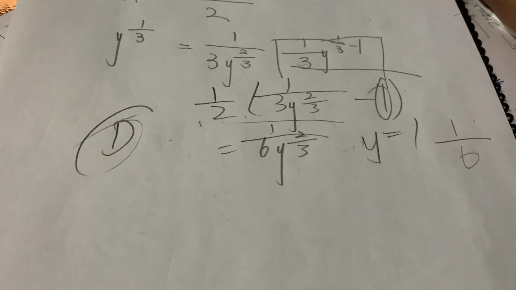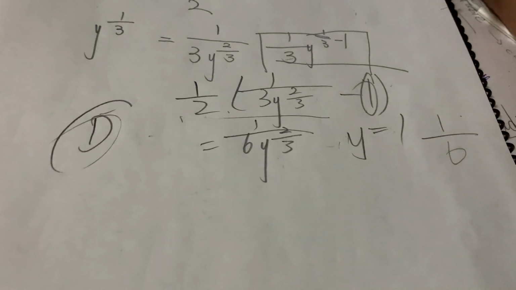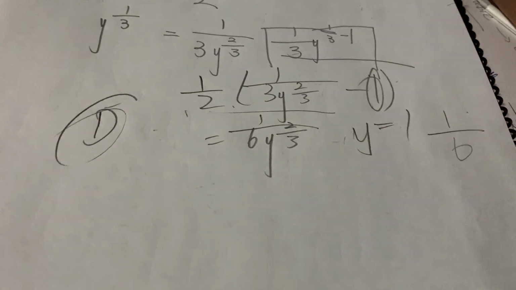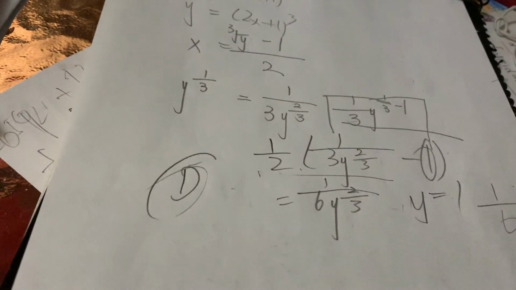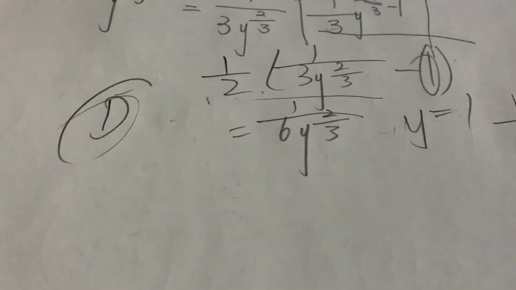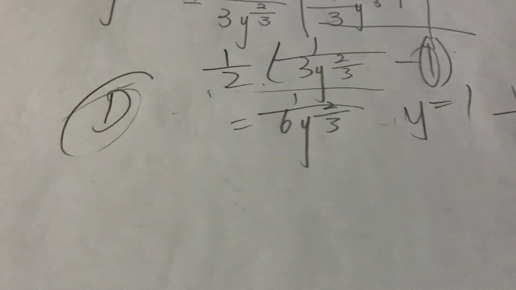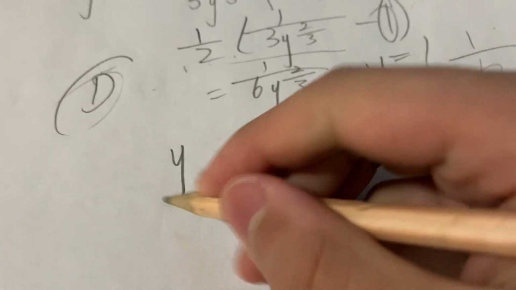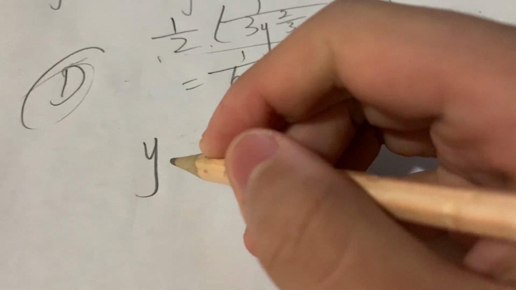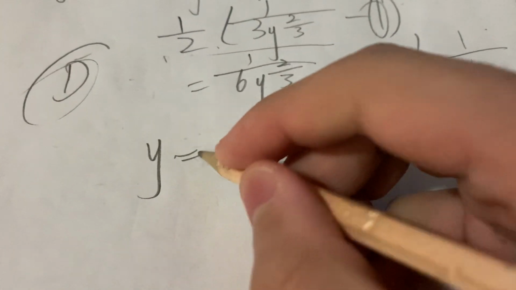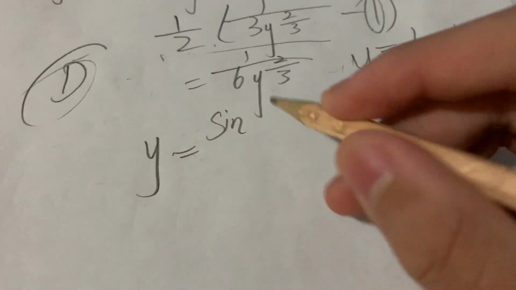Perfect. 21. The line y equals 5 is the horizontal asymptote to the graph of which of the following functions? In this case, we can use elimination.